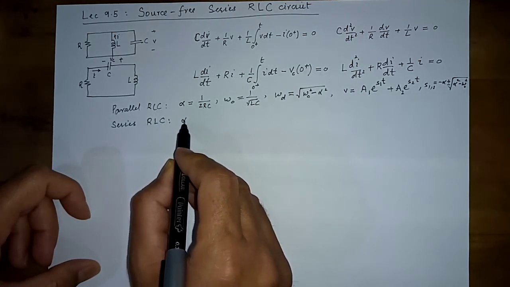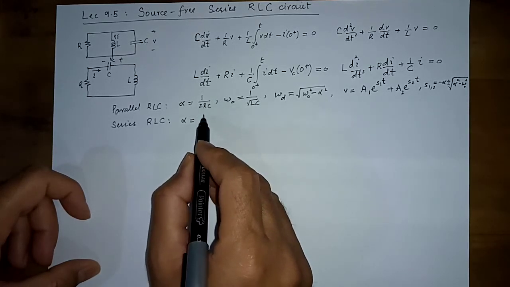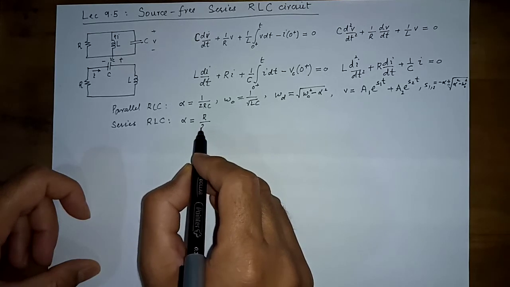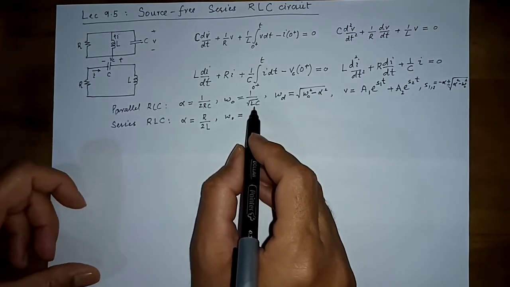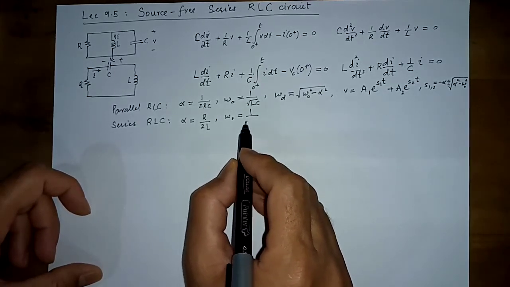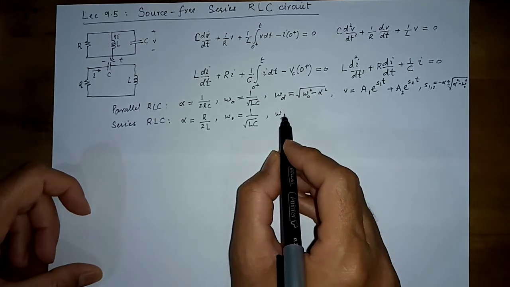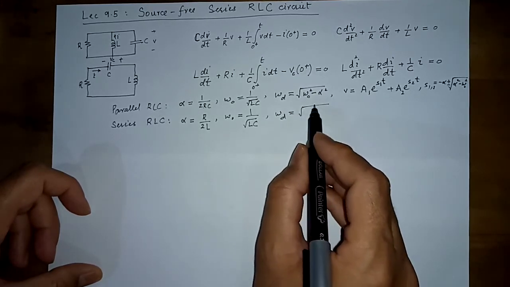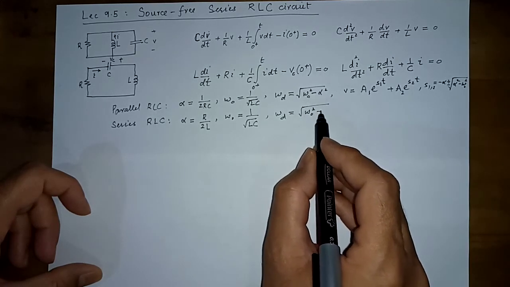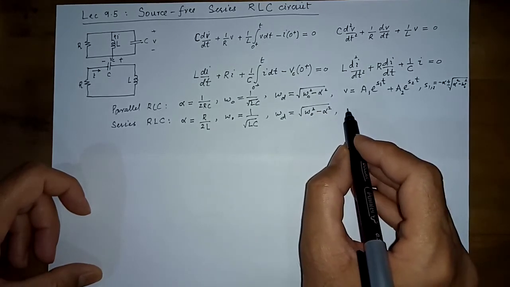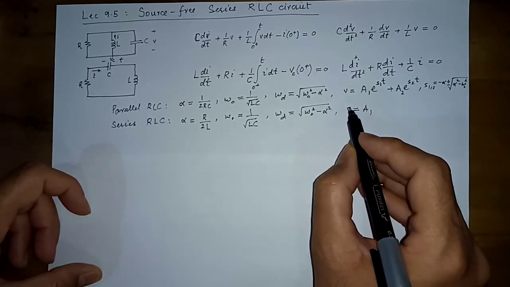An alpha that is equal to 1 over 2RC is going to be replaced by R over 2L. Omega naught, 1 over root LC, is the same thing. Omega d does not depend on the arrangement, it is omega naught squared minus alpha squared, the same thing, and V's are going to become I in this case.